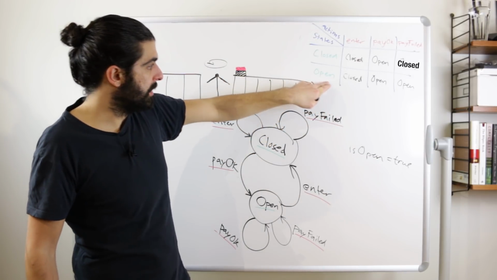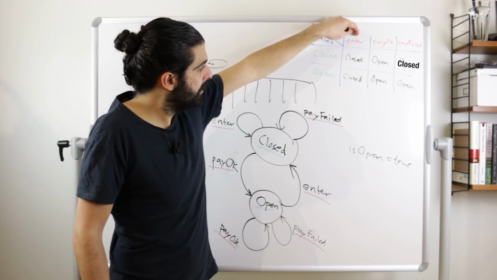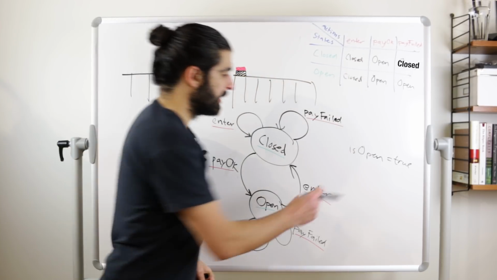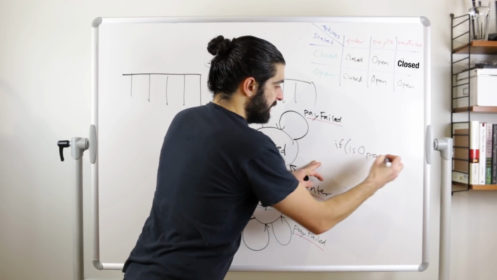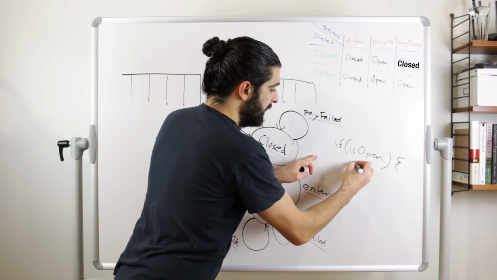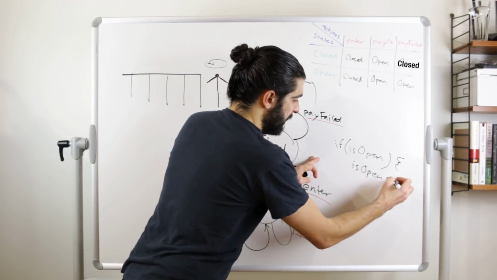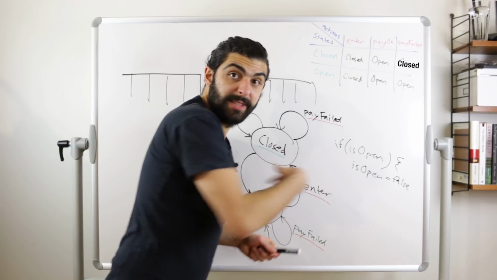Because again, it was open, I received the message enter, and it should now be closed. So I would say something like, if it is open, then is open is now false, because we've now entered.